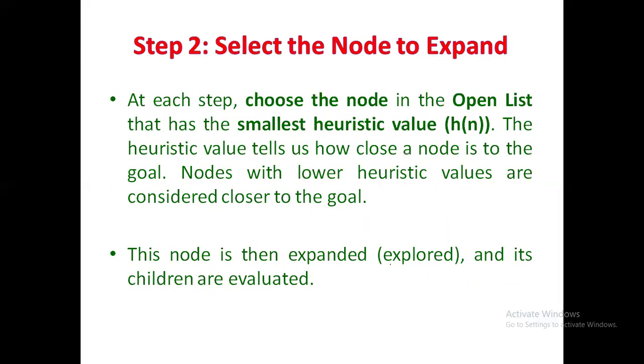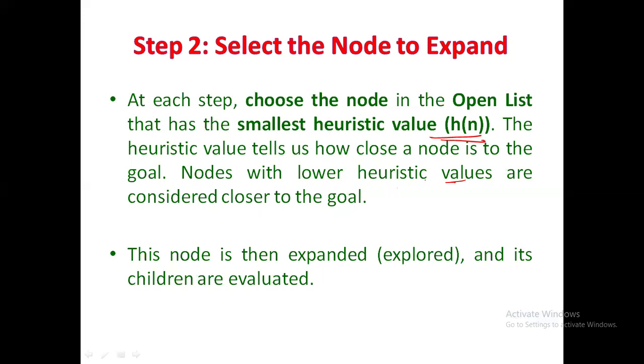The next step is to select the node to expand. In the selection step, the algorithm chooses the next node to expand based on the heuristic value of the nodes in the open list. The heuristic value is denoted as h(n). It represents an estimate of how close a node is to the goal.